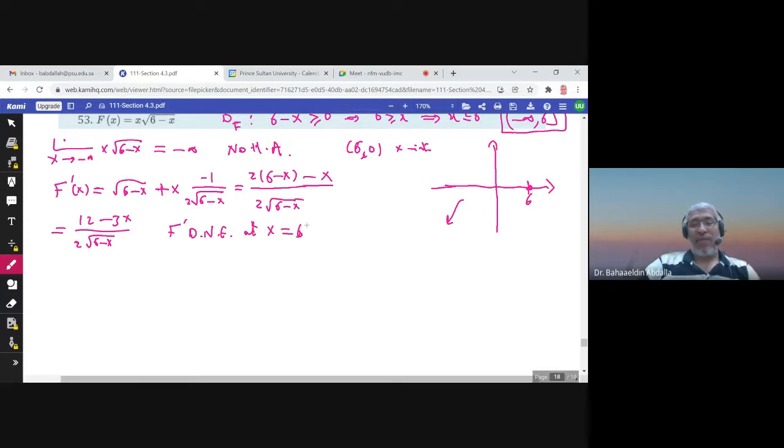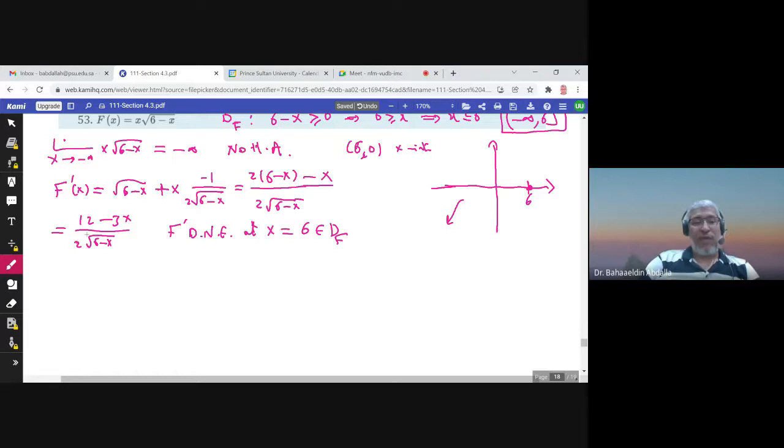And 6 is in the domain. 6 is in the domain of capital F. So there is something at 6. I won't be able to find the tangent line because the tangent line is not defined. The derivative is not defined at 6.